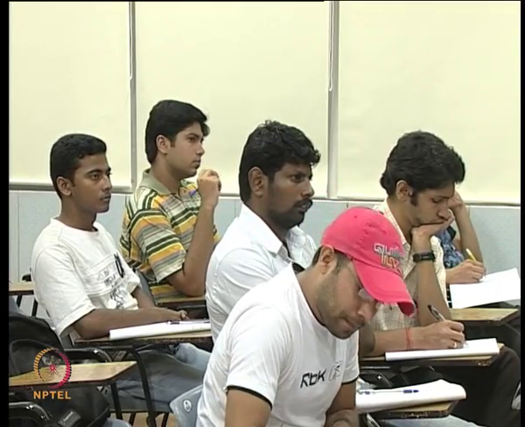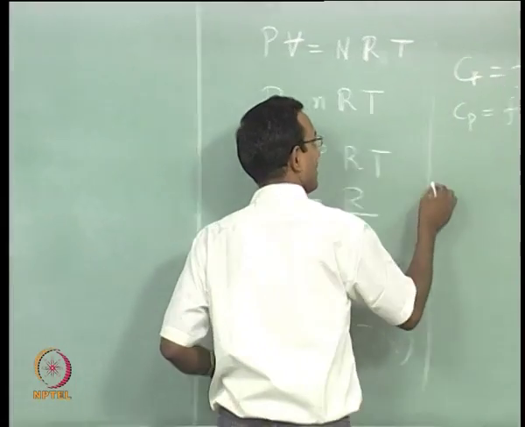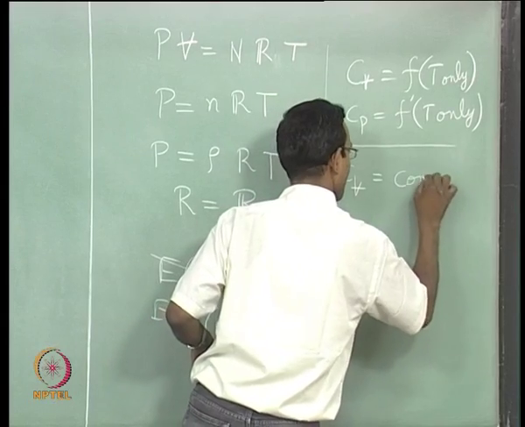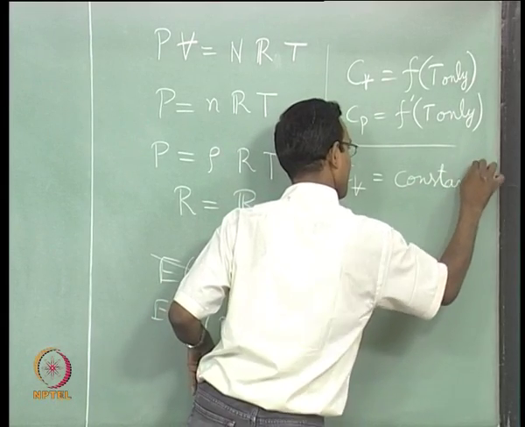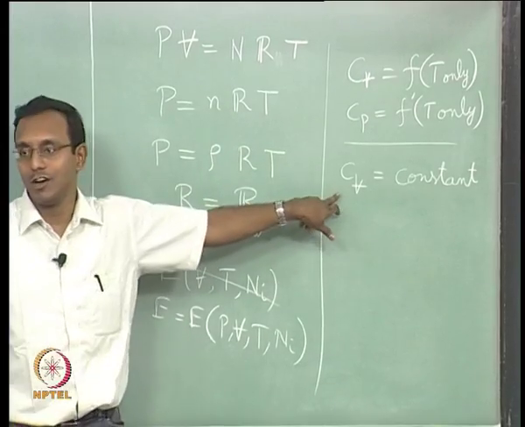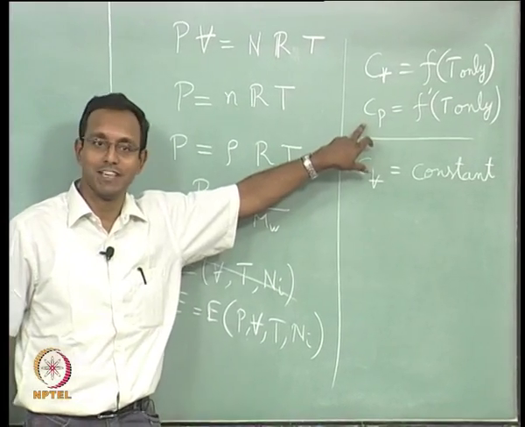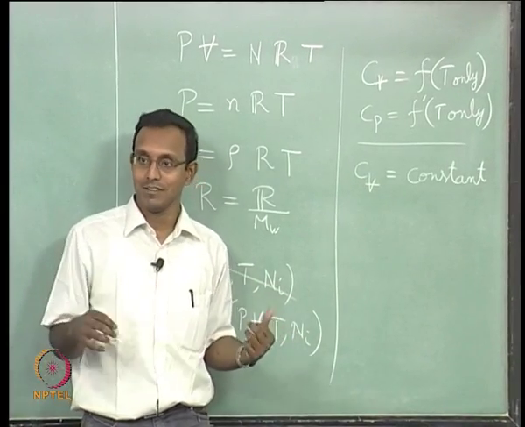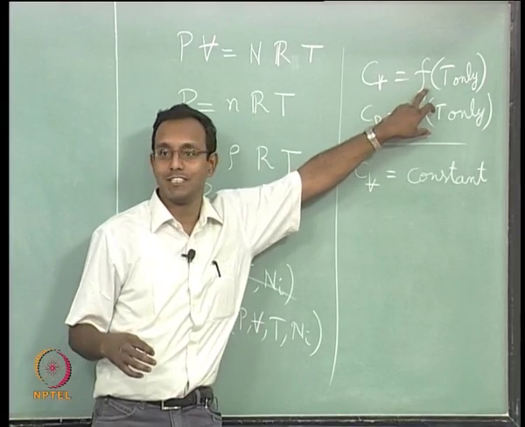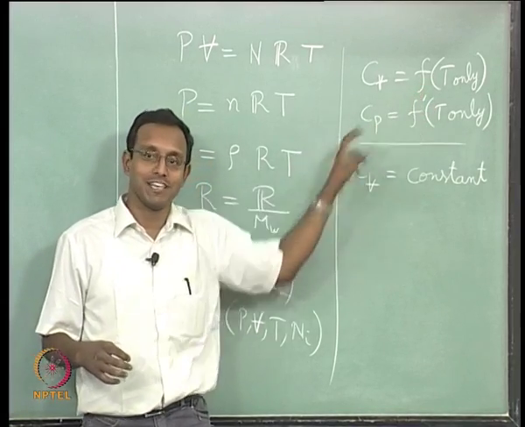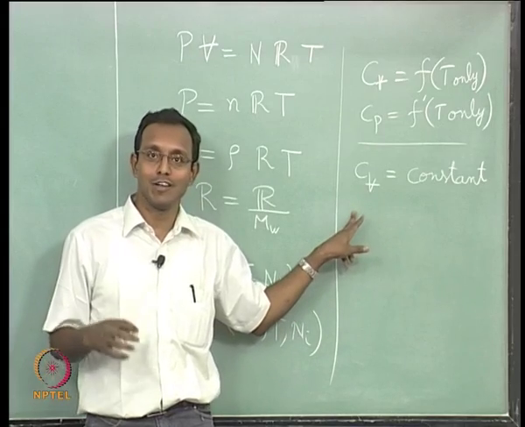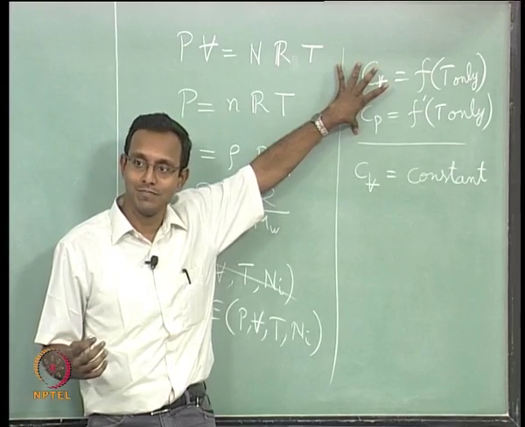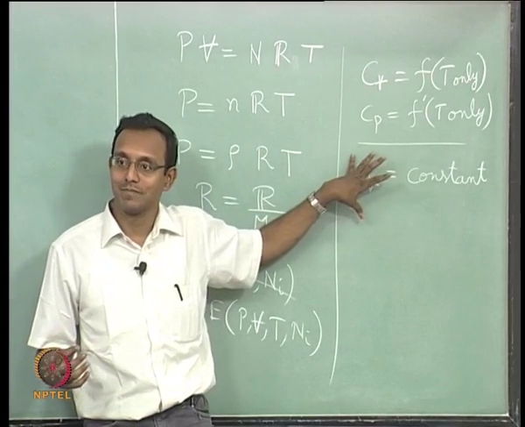Now, we will go one more step further. We will say if Cv or Cp, the specific heat at constant pressure, are constants as a function of temperature, now it is not any general function, it is a constant with temperature. If I say that, then the gas is called a calorically perfect gas. Previous was called a thermally perfect gas, now it is a calorically perfect gas.